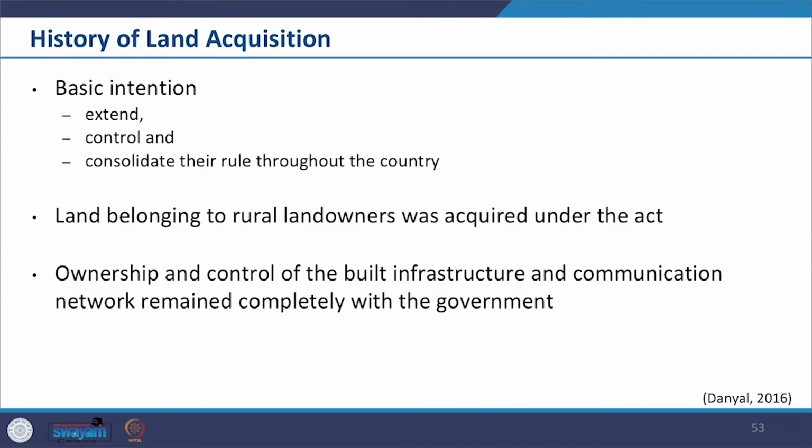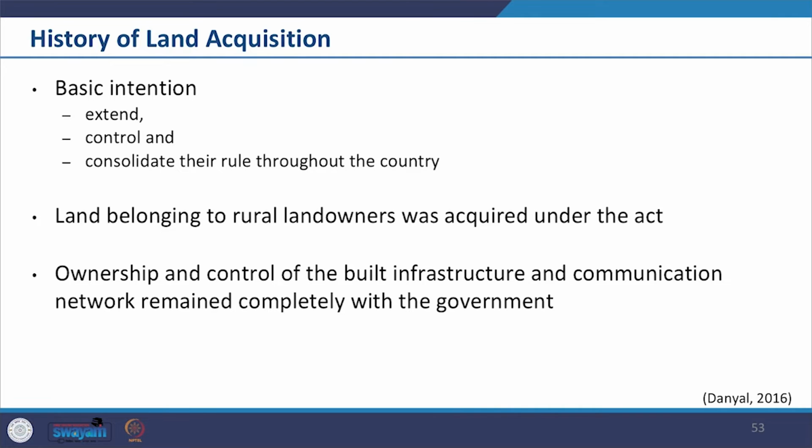Their basic intention was to extend, control, and further consolidate their rule throughout the country. Hence, land belonging to rural landowners was acquired under the Act. The ownership and control of the infrastructure and the communication network built after the land acquisition remained completely with the government for utilization in public purpose.